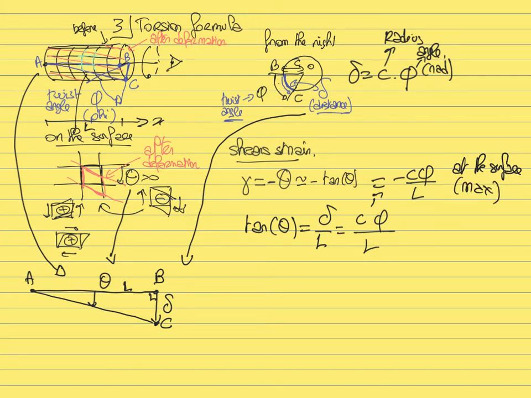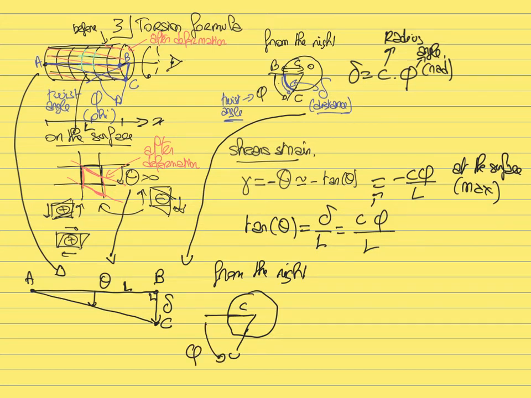Because again, if I draw the cross section from the right, if I look at a point C, this is the radius. If I look at a fixed twist angle like this, here this is the twist angle phi.